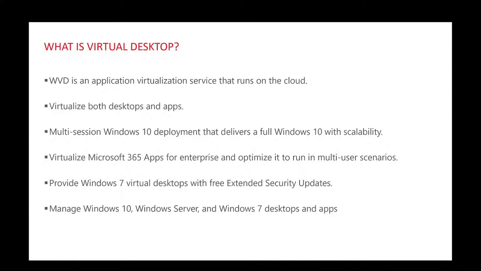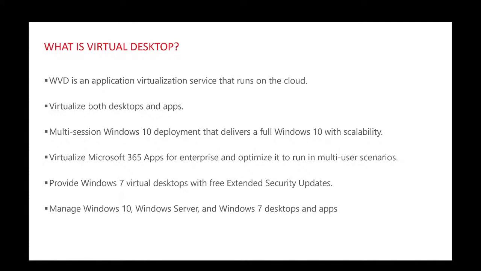And you have this capability in Windows 10, what you call multi-session, where you can give one machine to multiple people. So if you have a virtual machine running on top of the cloud, you can allocate 10 people to that virtual machine with Windows multi-session at the same time. In early days, this was also known as Windows MultiPoint Server. Those days, now it is available in Windows 10.